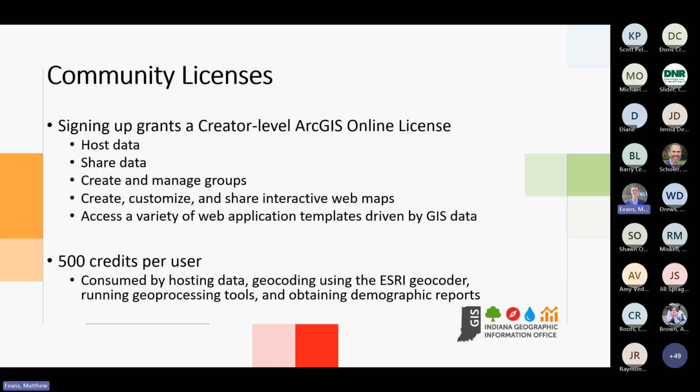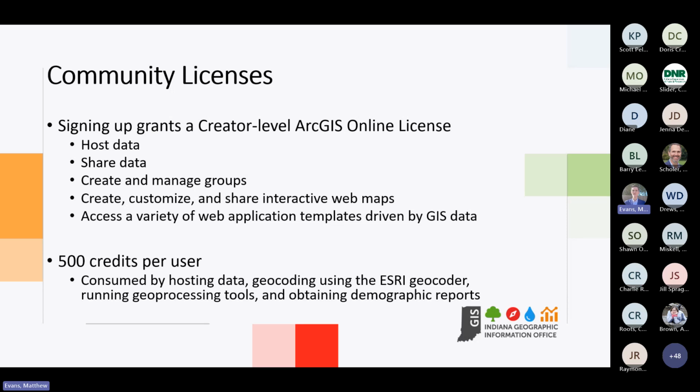It also allows you to create and manage those groups, gives you a lot of freedom in creating and customizing interactive web maps, and gives you a whole suite of out-of-the-box web applications and application templates, all driven by GIS data that you can integrate your maps and data into and then continue to share out as needed.